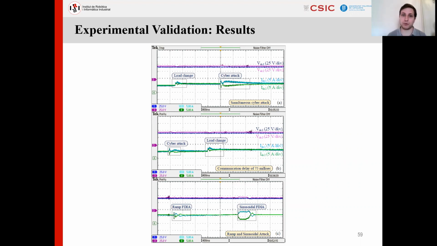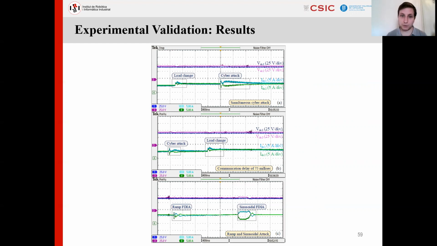Actually, you want the set point of the system to be modified. The important thing to notice here is that changing the constant power load is not detected as a cyber attack and is not mitigated. This is important because it shows that our algorithm actually adapts to changes in the unknown constant power load. And after that, we introduced a constant cyber attack that we can see is immediately detected and mitigated.